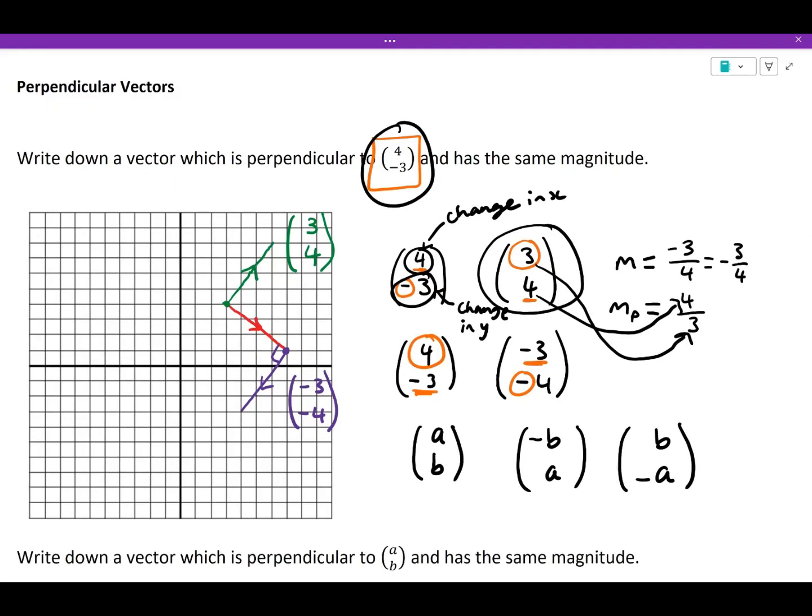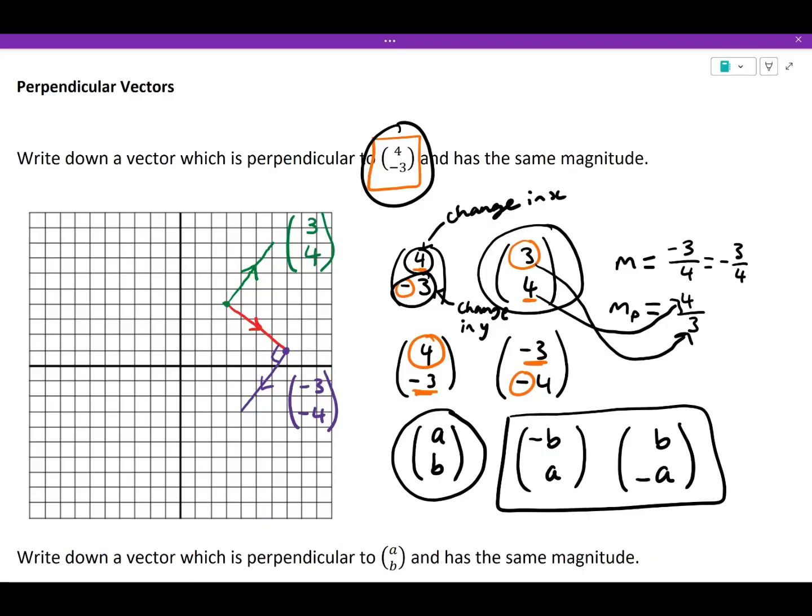That process gets you two vectors which are perpendicular, but also have the same magnitude as the original vector. Now, what you could then do is go to your perpendicular vectors and multiply the horizontal and vertical components by the same scalar, and that's going to get you another perpendicular vector which will have a different magnitude.